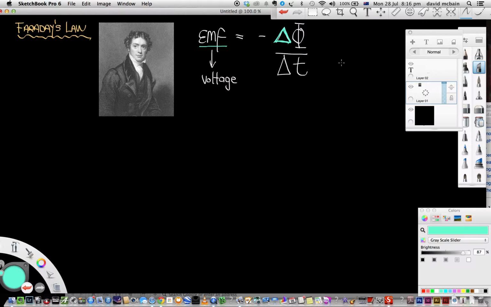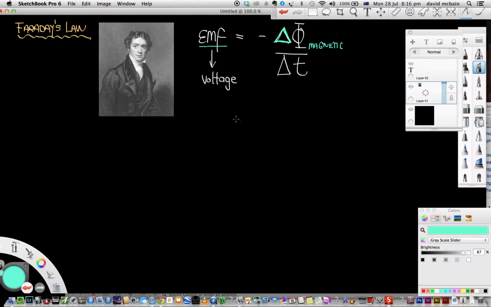Remember, this is magnetic flux, the flux created by magnetic field lines. So if there is no change in flux, there will be no EMF, no voltage.